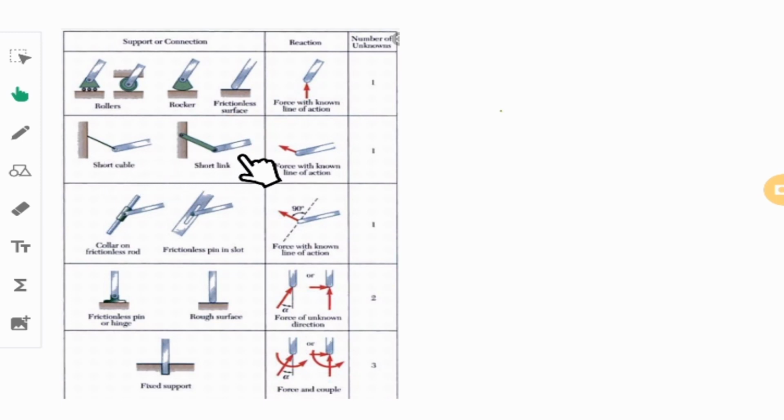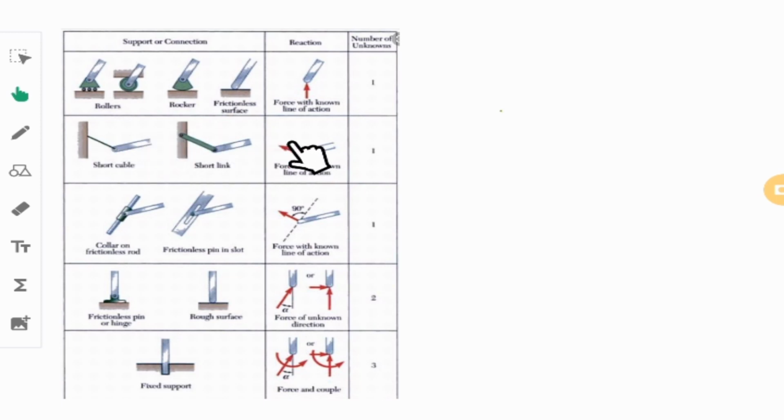and that force would be the reaction. That means in the cases that you have a roller, you put only one unknown over there. In the case of having a short cable or short massless link, you put only a force over there.